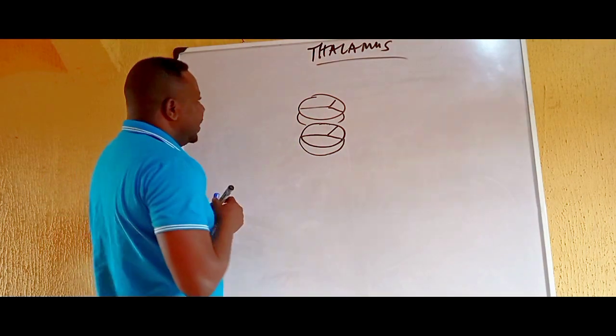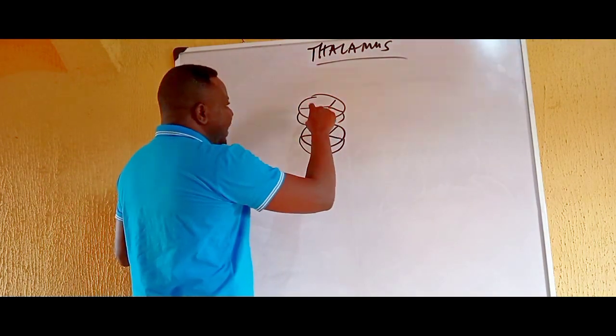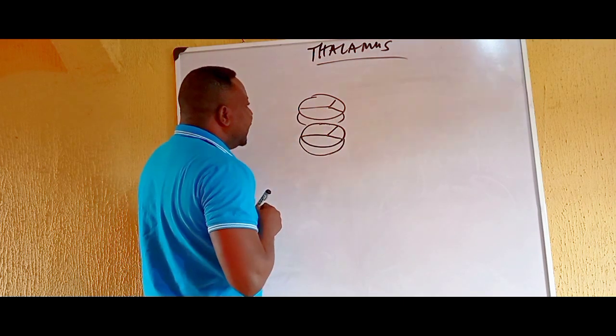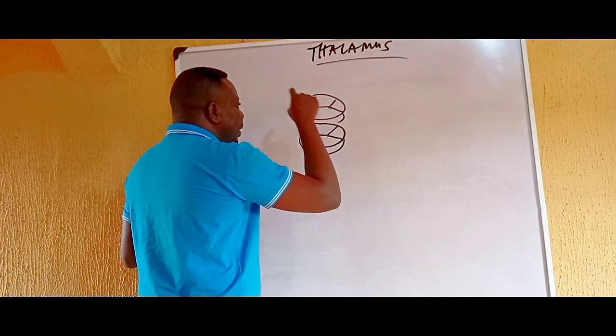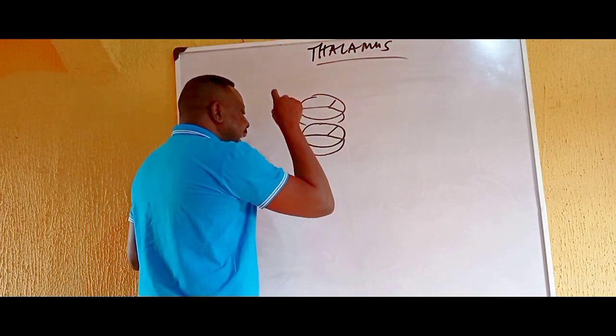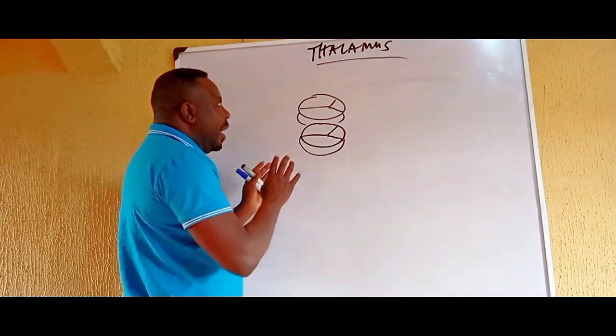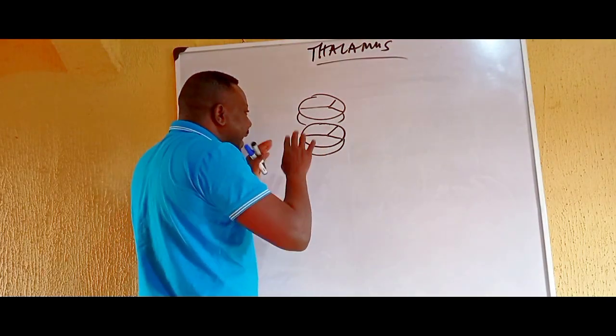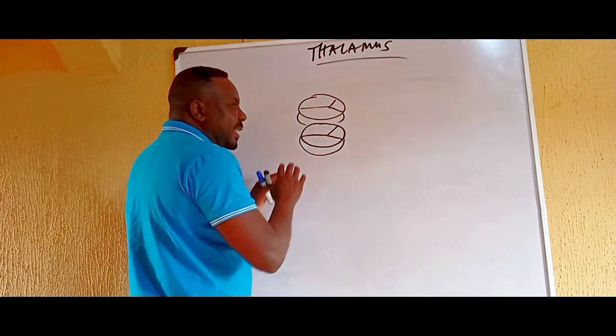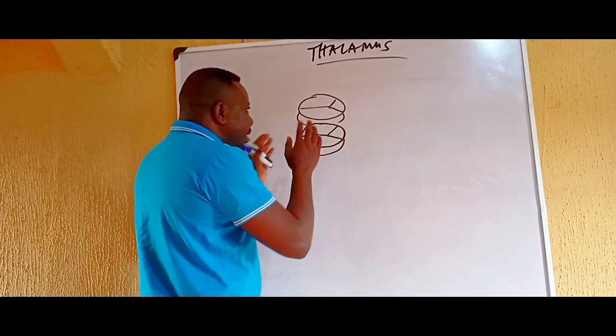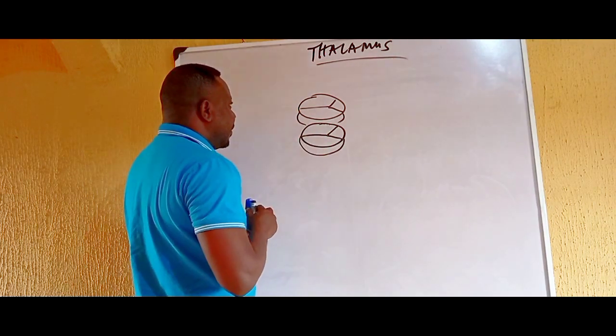Now, like I said, the thalamus is a diencephalic structure, and it is the largest structure in the diencephalon. It can be seen as a large egg-shaped structure, or an ovoid structure, that is located in the dorsal part of the diencephalon.